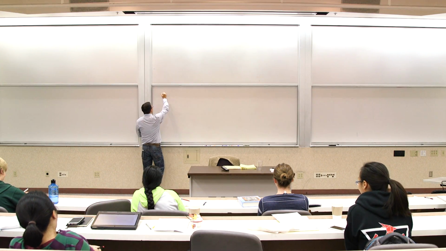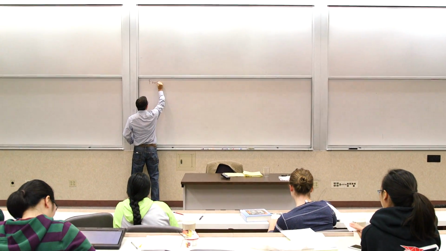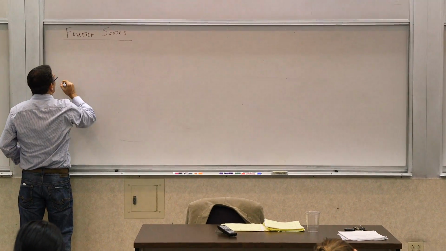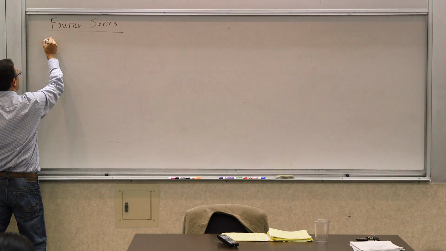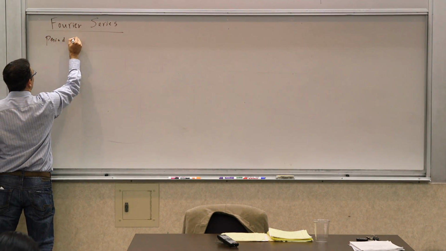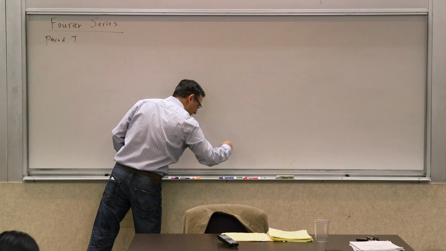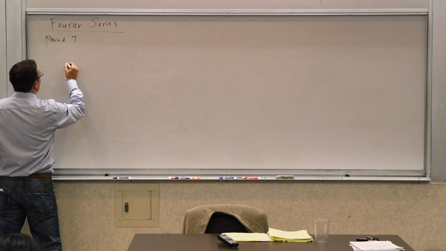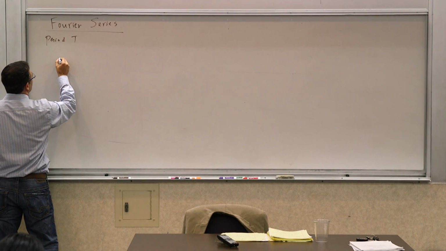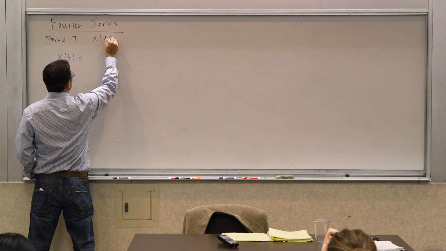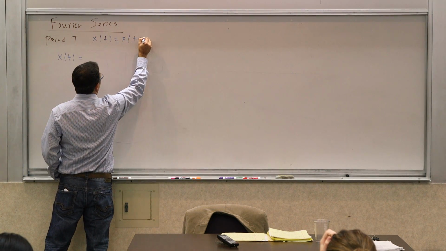Anyway, so what is the Fourier series? Let's think about it. We said it's a weighted sum. So if you have a periodic function with a period of T, then you can write it as x of t. So x(t) is periodic: x(t) = x(t + nT).